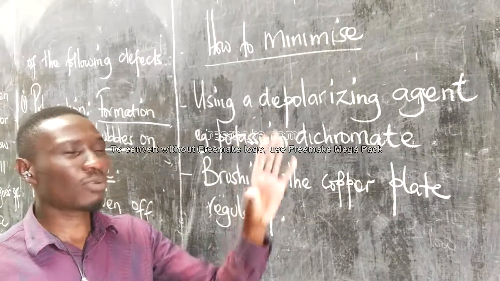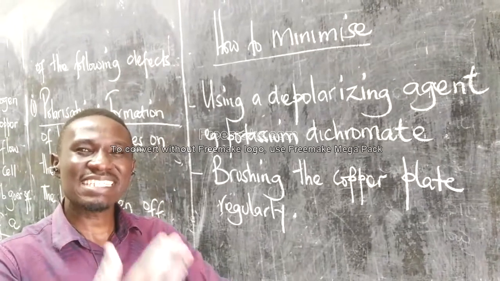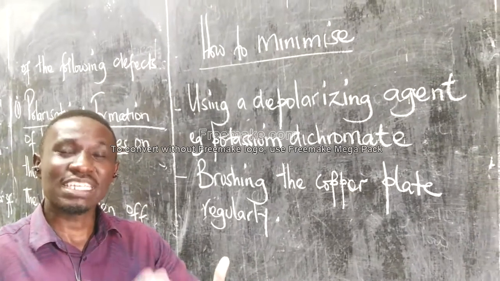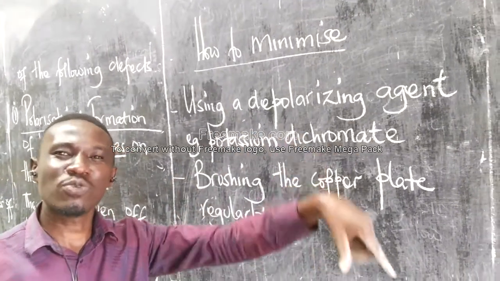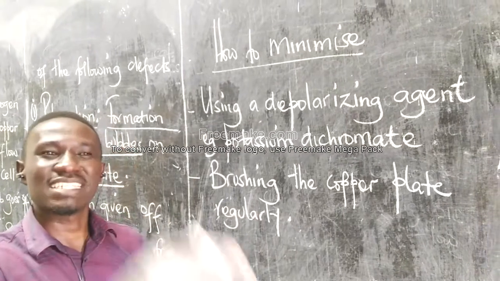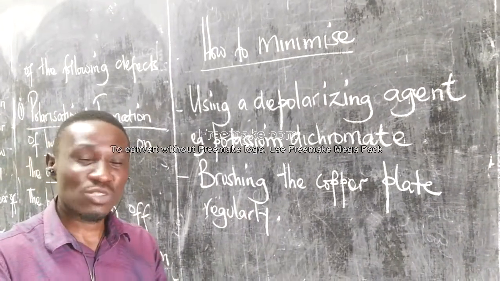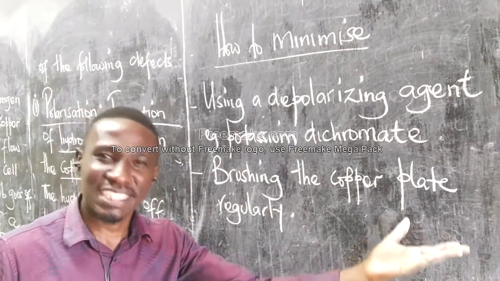So those depolarizers will oxidize the hydrogen formed into water. So meaning that there will be no more production of hydrogen. Whichever hydrogen is produced will be oxidized into water. So the challenge of hydrogen shall be at least eliminated.